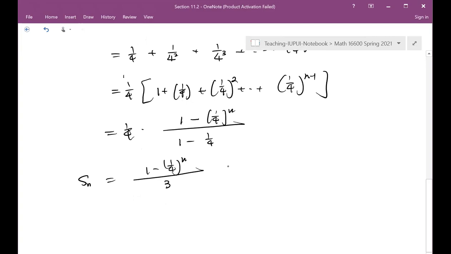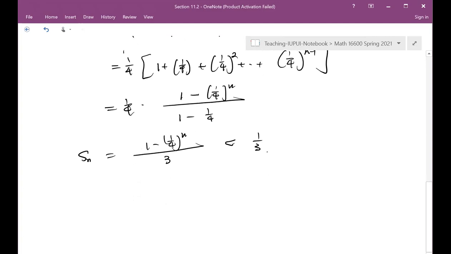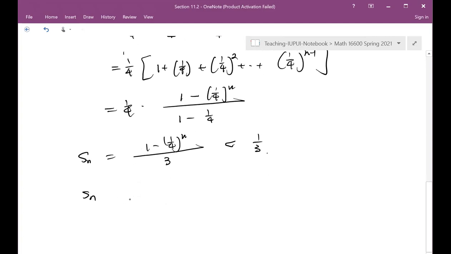Okay, and this is always less than 1/3, right? And you will see that this sequence is getting close to 1/3 as n approaches infinity, right? Because the limit as n approaches infinity of 1/4 to the nth power is 0.